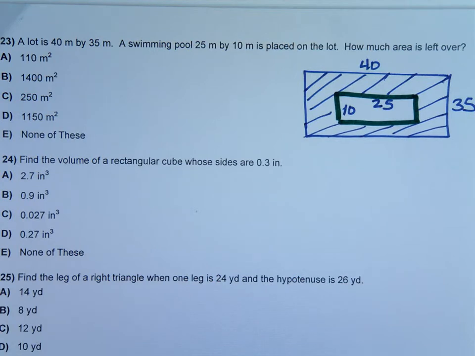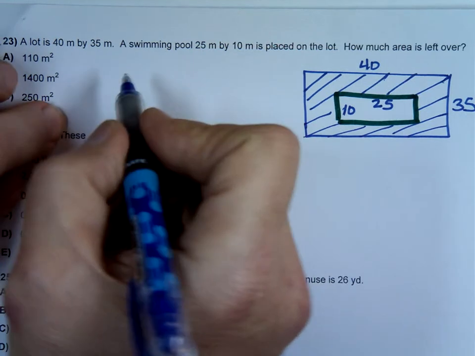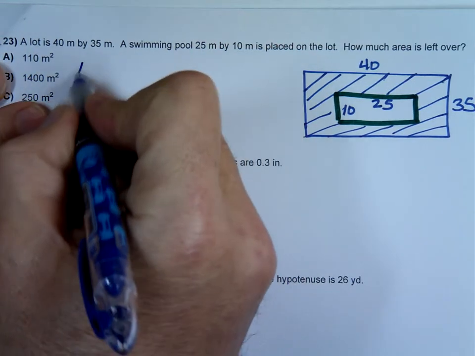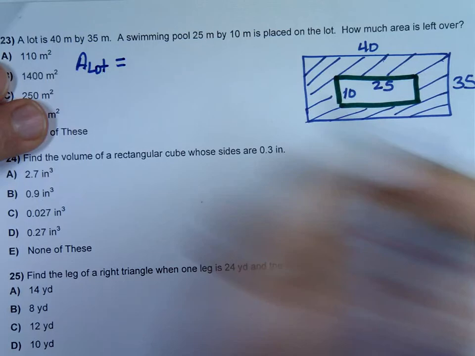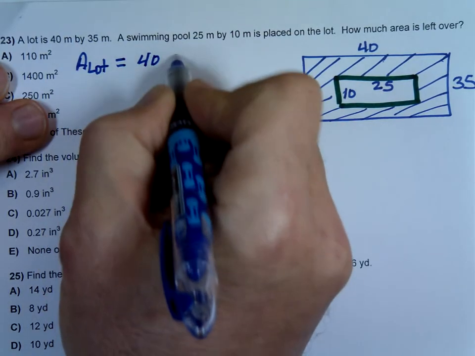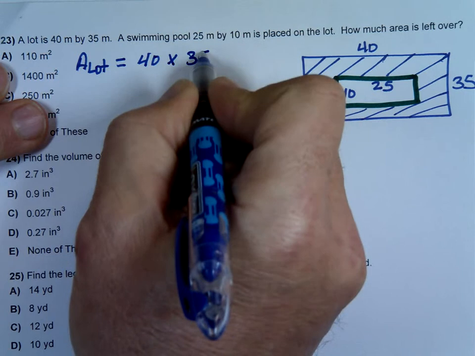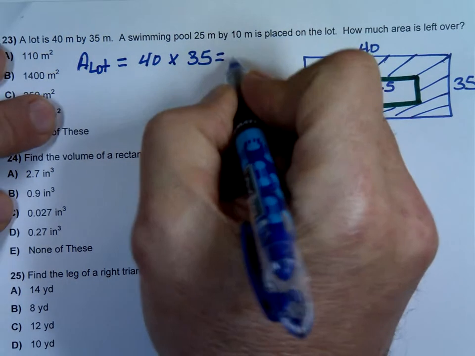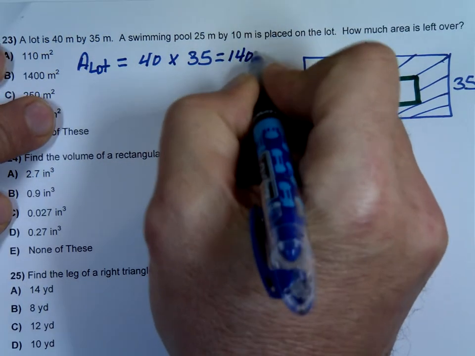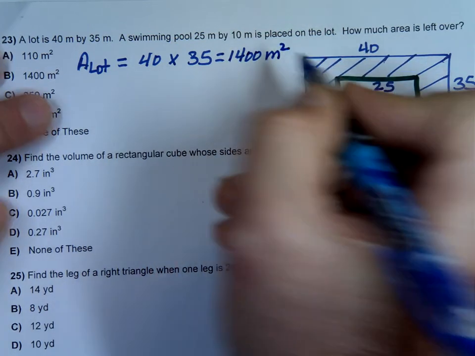Perfect. The area of the land or the lot is the outside. That's length times width, rectangular shape. 40 times 35. 1,400 square meters. We have a pool put in.